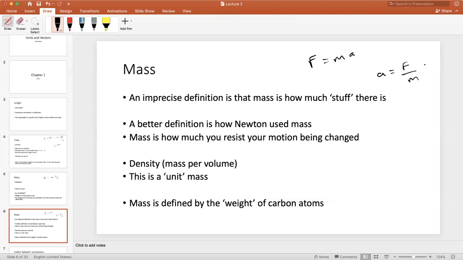We measure that mass in kilograms and sometimes grams. There's something called the CGS system, which is centimeters, grams, seconds. We'll talk a little bit about that. We've already seen it with the density of water, which leads me to density is mass over volume. What density tells you is how much stuff there is in a unit of volume.